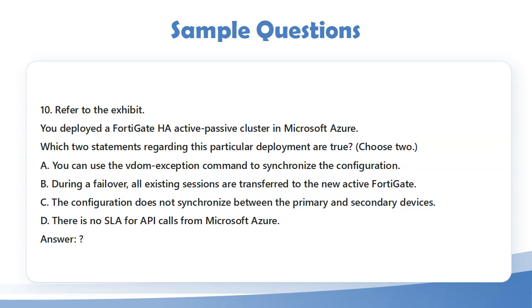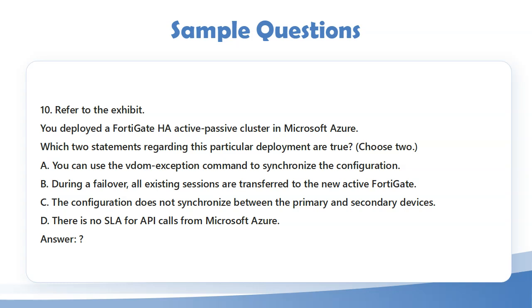10. Refer to the exhibit. You deployed a FortiGate HA active-passive cluster in Microsoft Azure. Which 2 statements regarding this particular deployment are true? Choose 2. A. You can use the vdom exception command to synchronize the configuration.